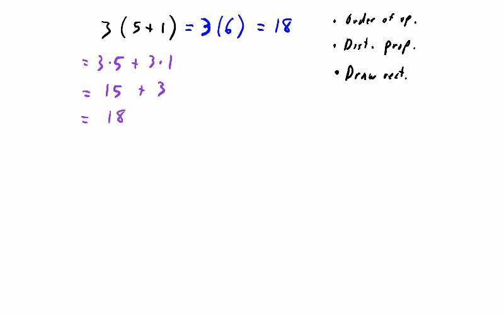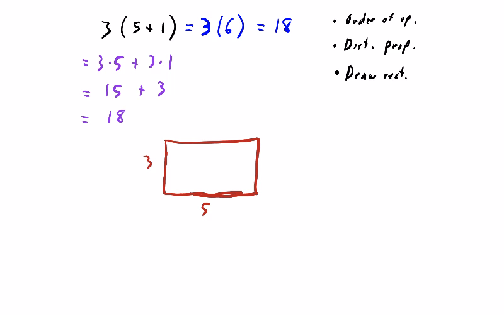Now the key is drawing the rectangles to illustrate all of this. So we can show a rectangle that is 3 units tall, and then we can start by creating a rectangle that is about 5 units wide. So I have a visualization of a 3 by 5 rectangle.